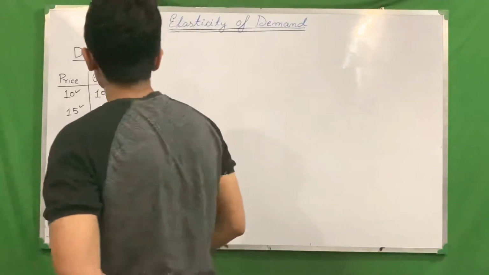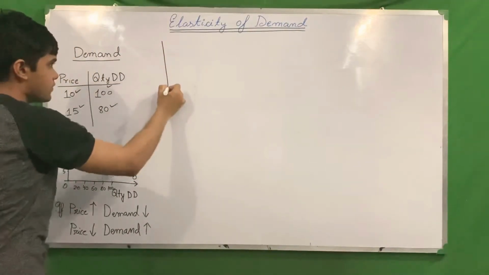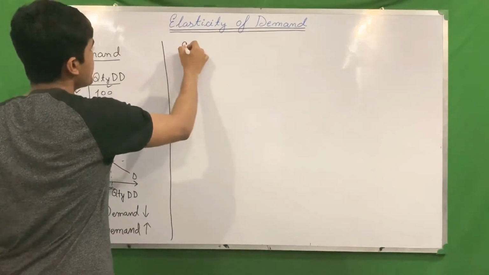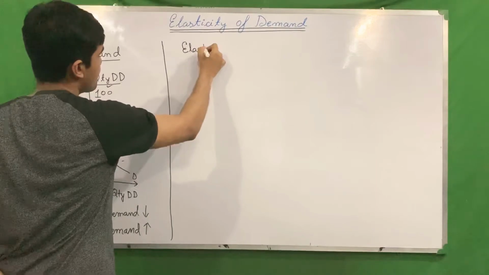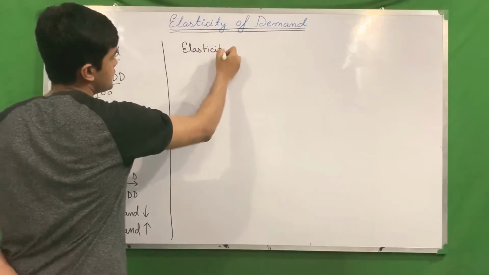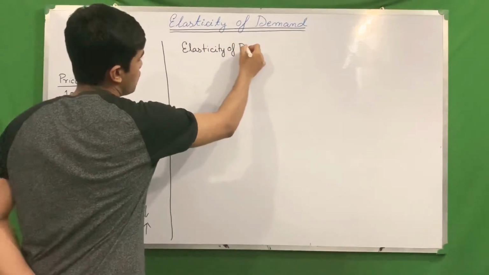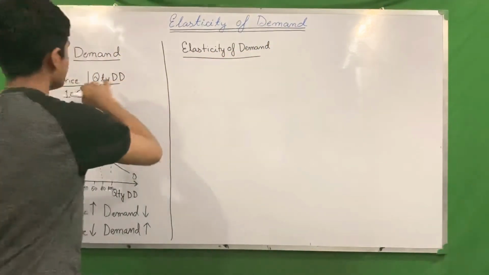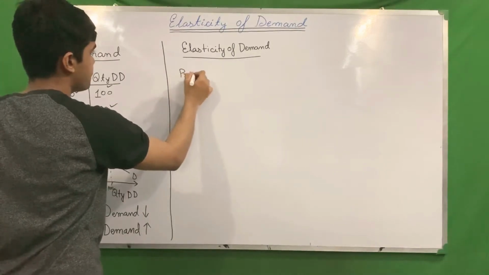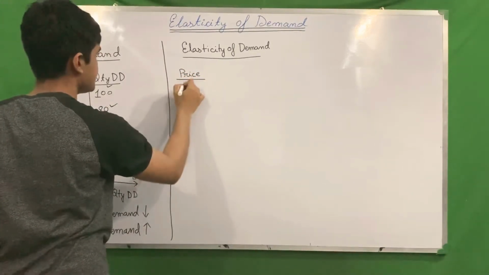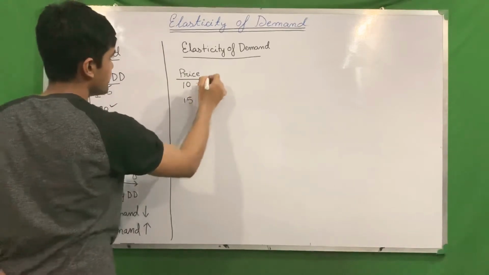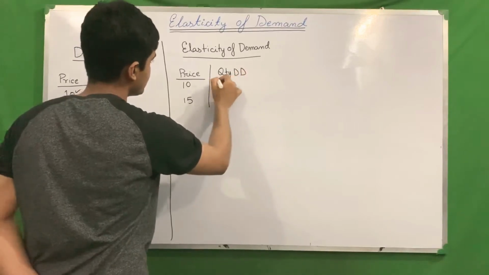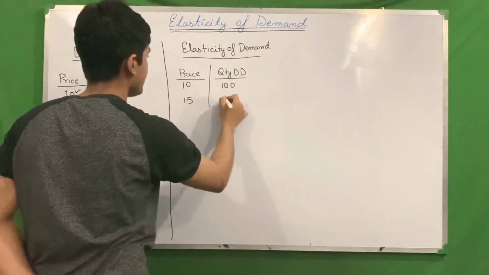Fine. Okay. Now what we will be learning in the elasticity of demand chapter, that we need to know. So in demand chapter we have seen price 10, then 15, quantity demanded is 100, and then 80.